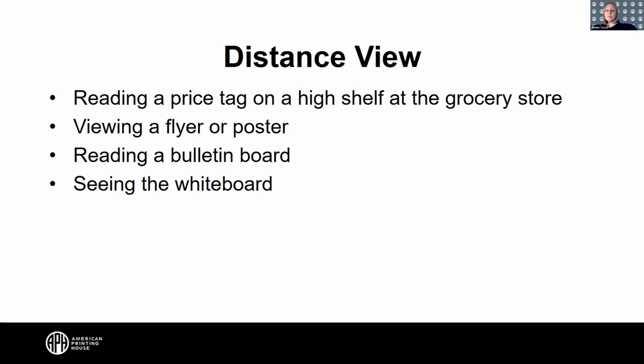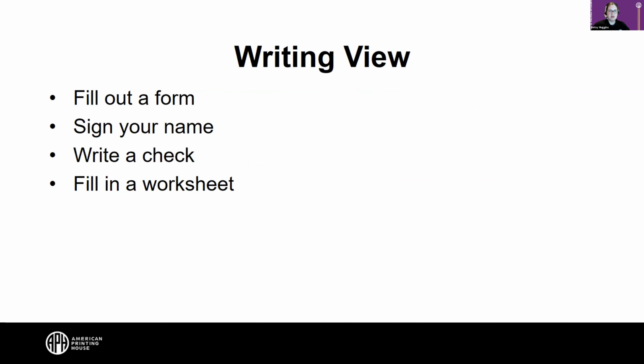Great, thank you. And we'll go to the next slide. Thanks, Nikki. We'll talk about writing view now. Yeah, so like I mentioned before, when you rotate the camera about a 45-degree angle, you'll be in that writing mode.